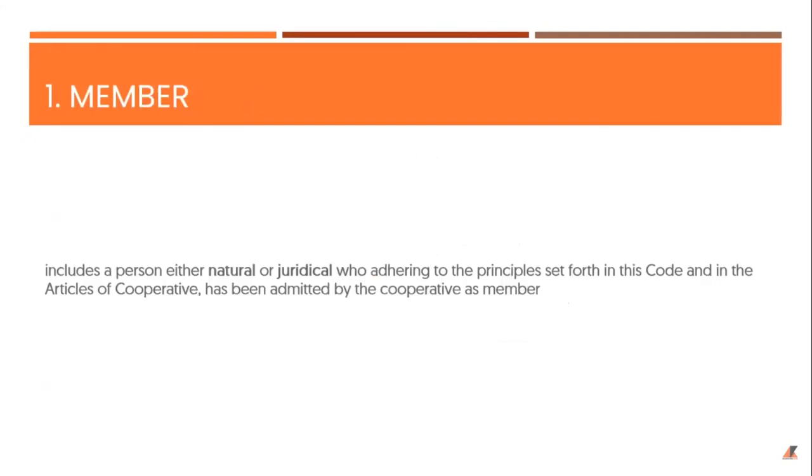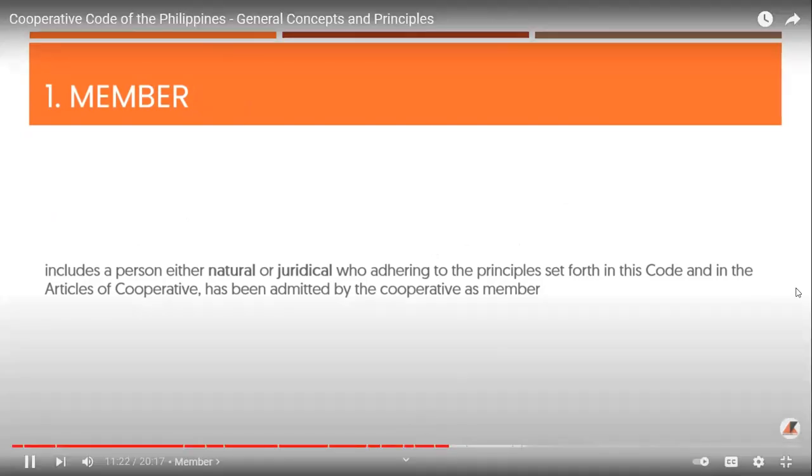So, a member includes a person either natural or juridical who adhering to the principles set forth in this code and in the articles of cooperation has been admitted by the cooperative as a member. Okay? So, malalaman natin later on na may mga different types of cooperatives.